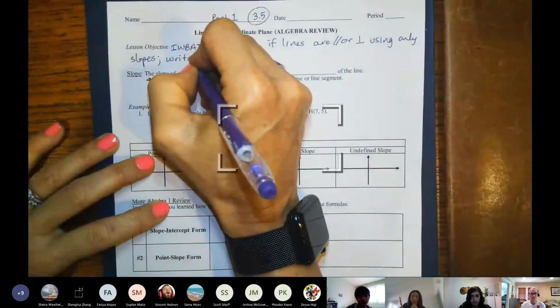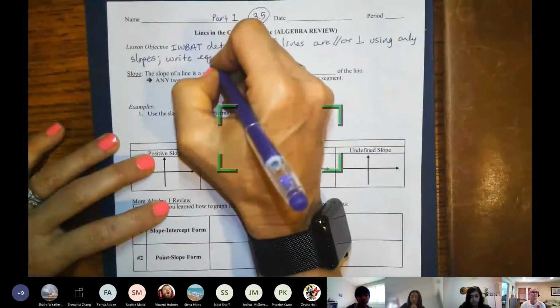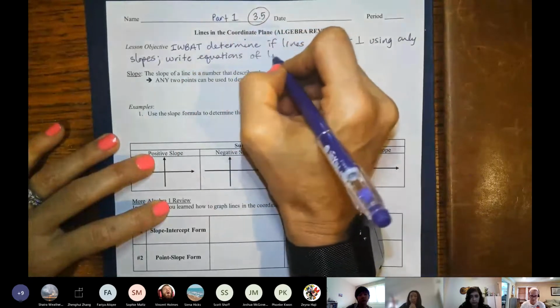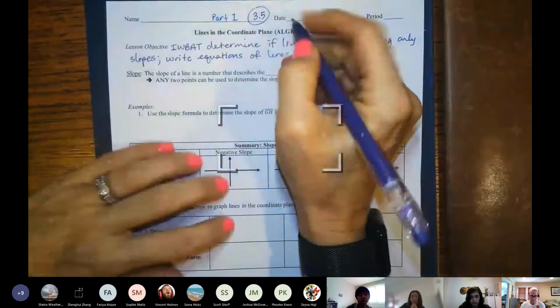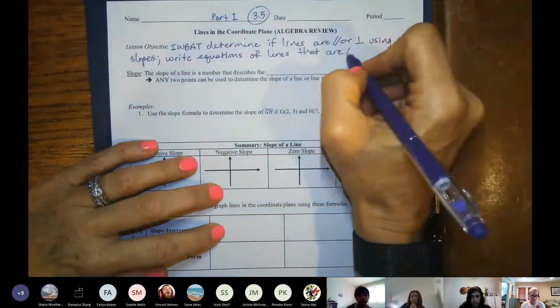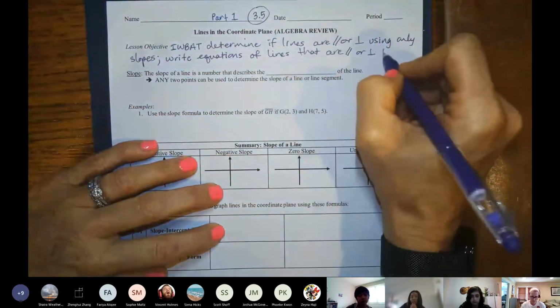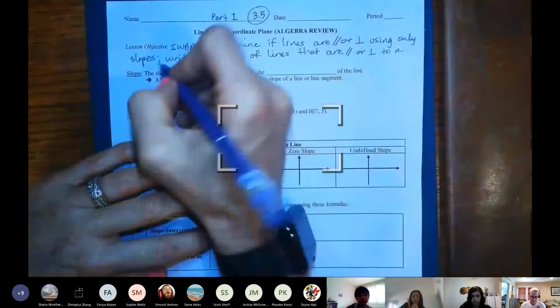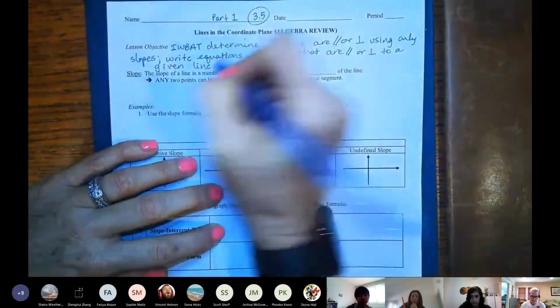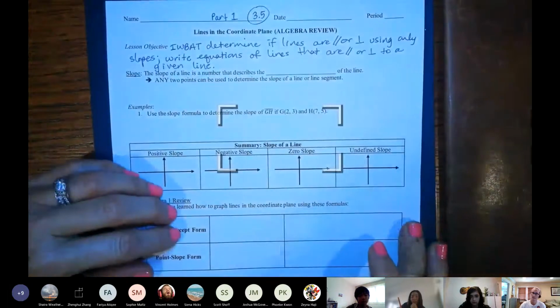I'm also going to be able to write equations of lines that are parallel or perpendicular to a given line, which is usually how we see this type of problem.